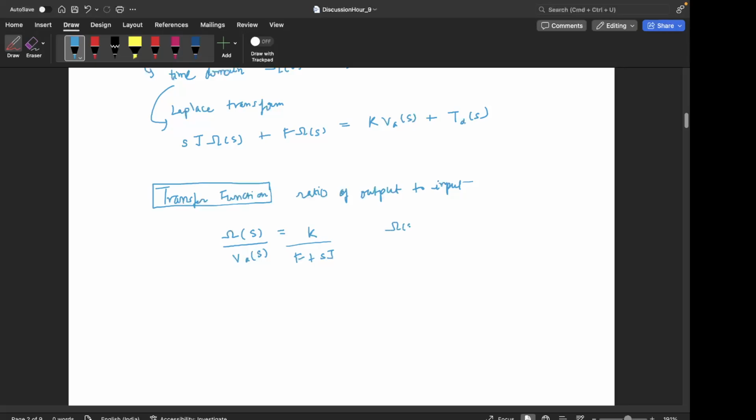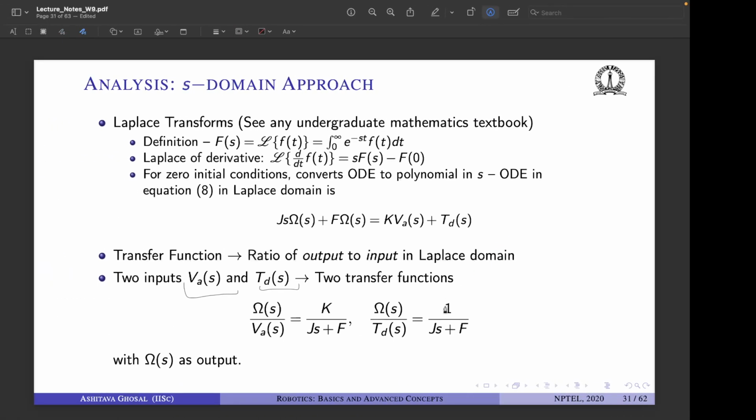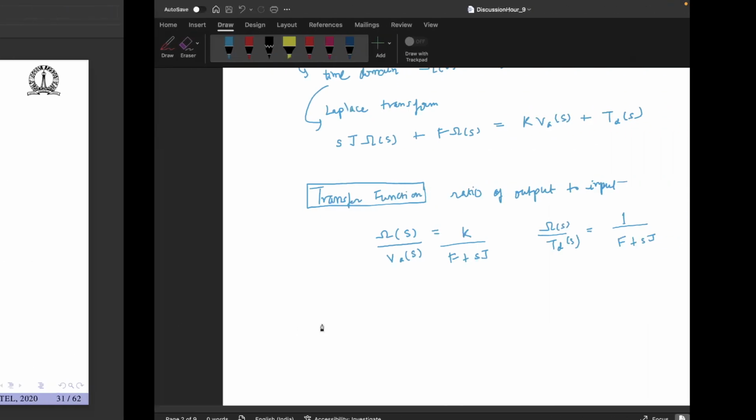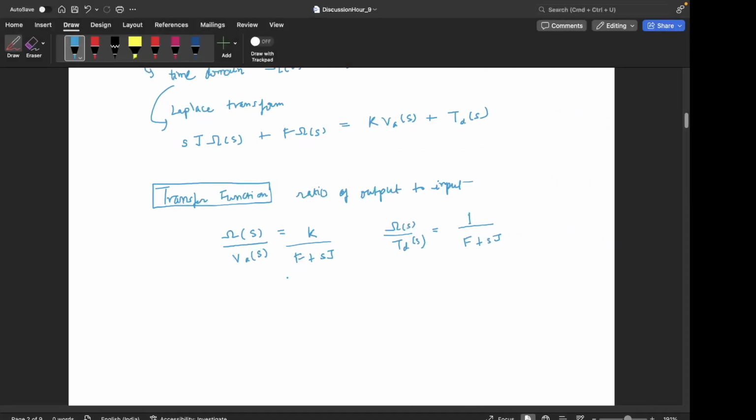And if I take omega(s) by Td(s), with Va as 0, then it becomes 1 by f plus sJ, right? 1 by f plus Js and k by f plus Js.